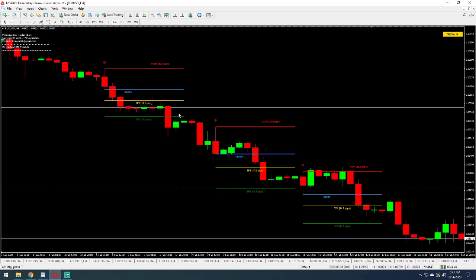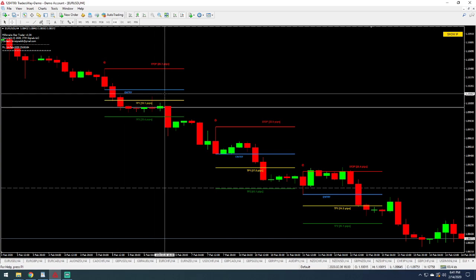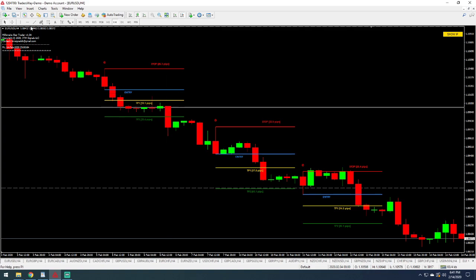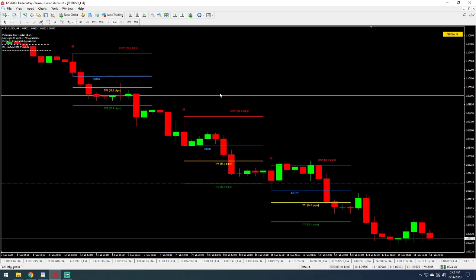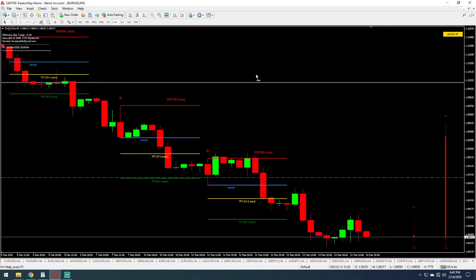It went straight to TP2. This one reversed, but I think you entered like over here. Oh, your stop loss was here after hitting the first take profit. So then you hit take profit 2. This trade right here went to take profit 1. It never came back up. It hit take profit 2 as well.